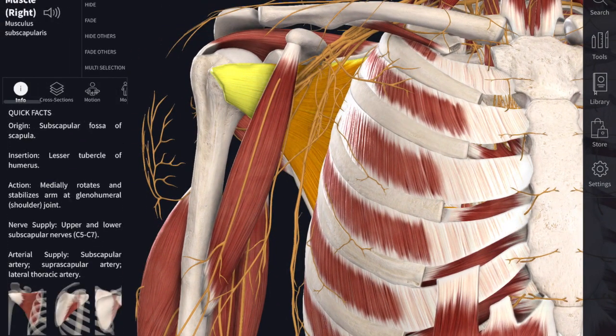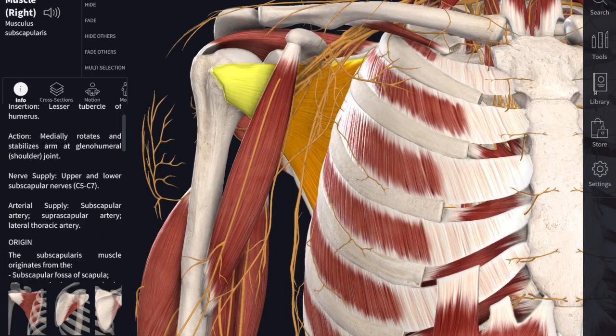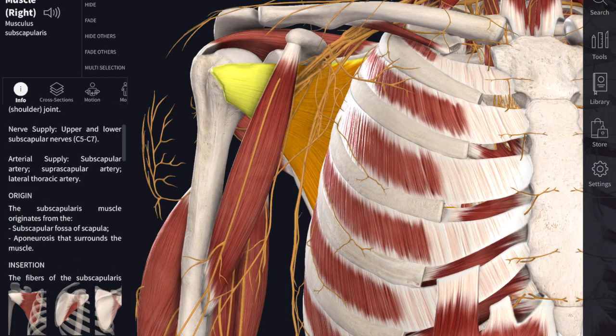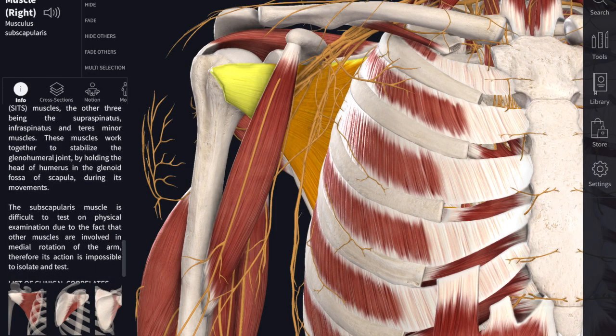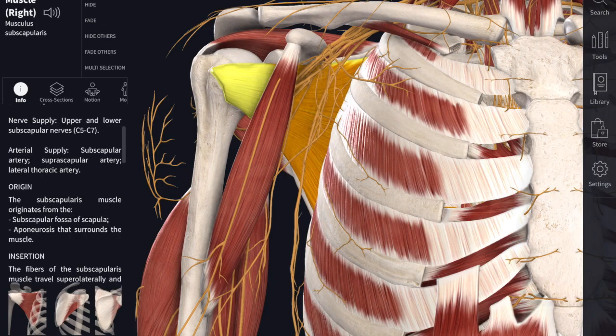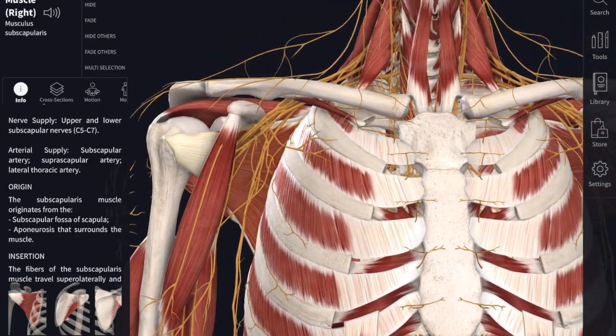So the subscapular artery is going to go and supply the subscapular muscle. So that's what it says right here. The arterial supply is the subscapular artery.